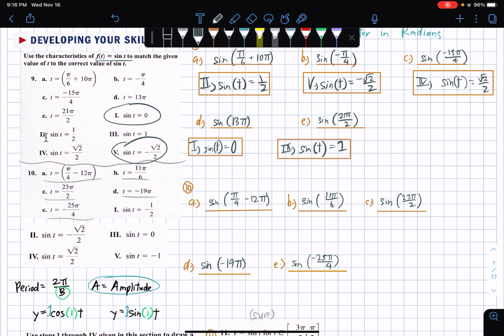But we'll just integrate sine as stated here, and input the values in the calculator. So sine of pi over 4 minus 12 pi is equal to square root of 2 over 2. That is IV.